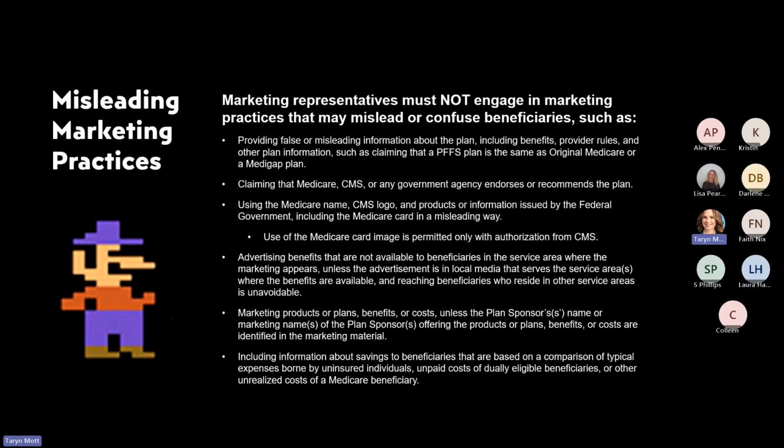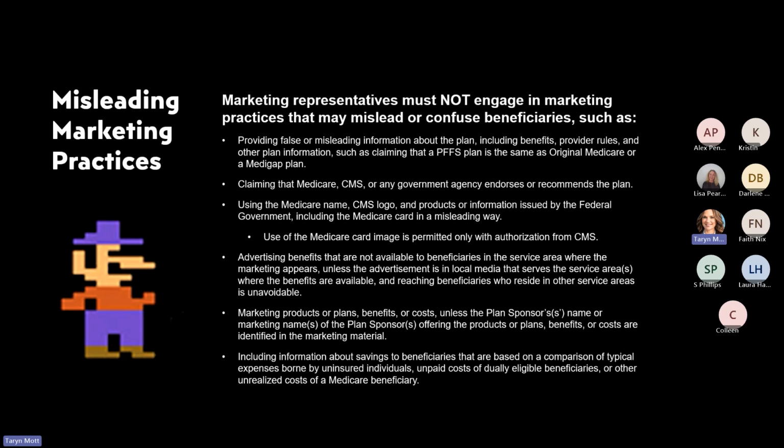Do not advertise benefits that are not available to beneficiaries in the service area where the marketing appears, unless the advertisement is in local media that serves the service areas where the benefits are available, and reaching beneficiaries who reside in other service areas is unavoidable.